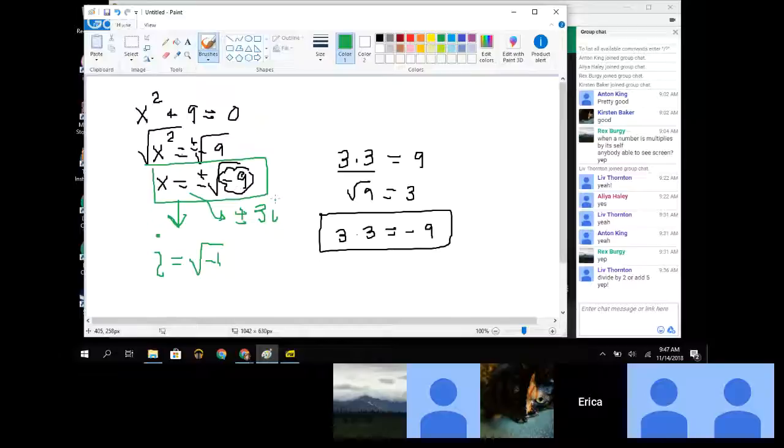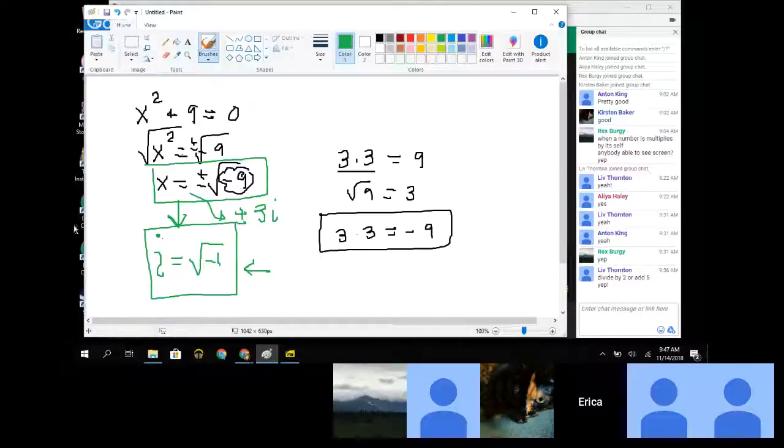So this idea of i is a pretty powerful mathematical concept. i is not a real number, right? It's called imaginary, so it's not in the real realm.